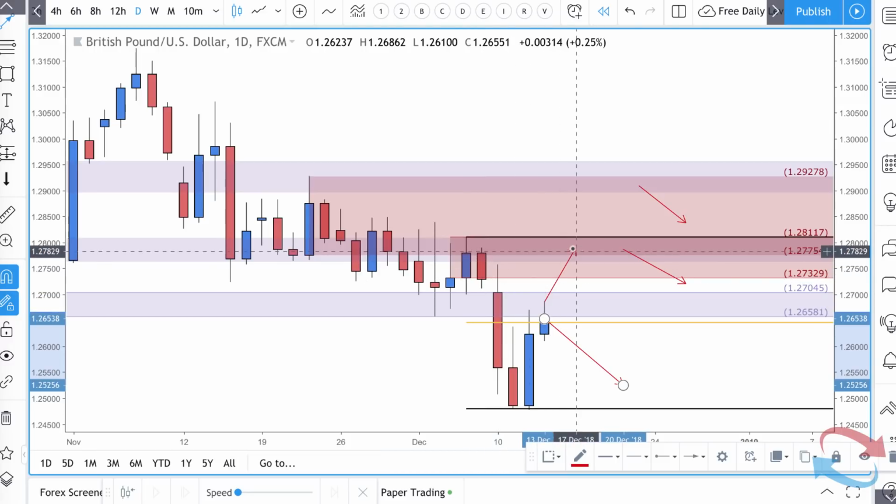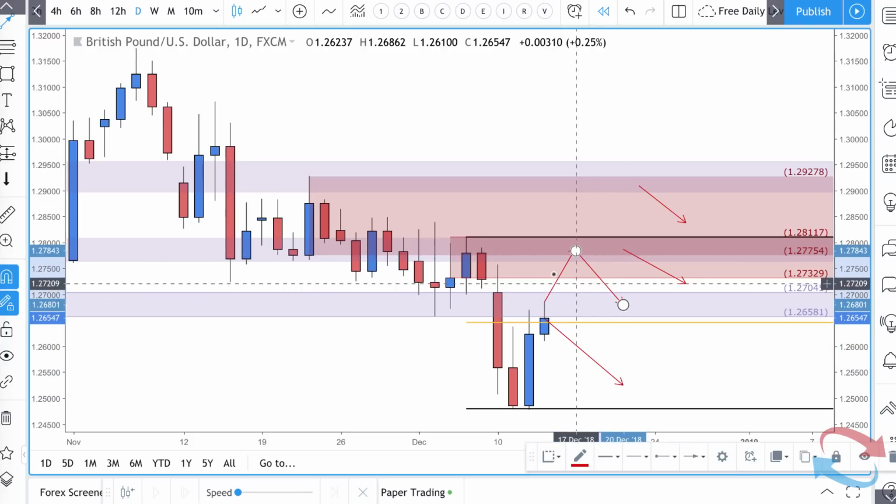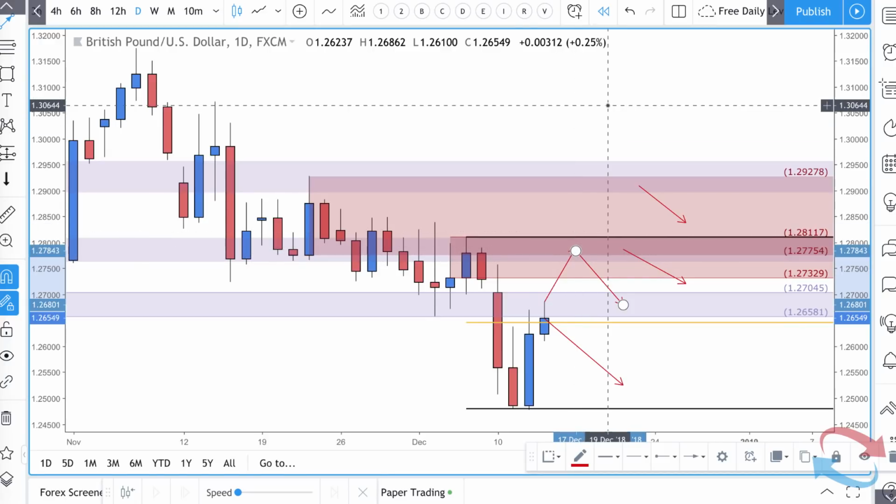When prices return to this area, we have a good chance of this being a bargain again. So hope you found that useful.